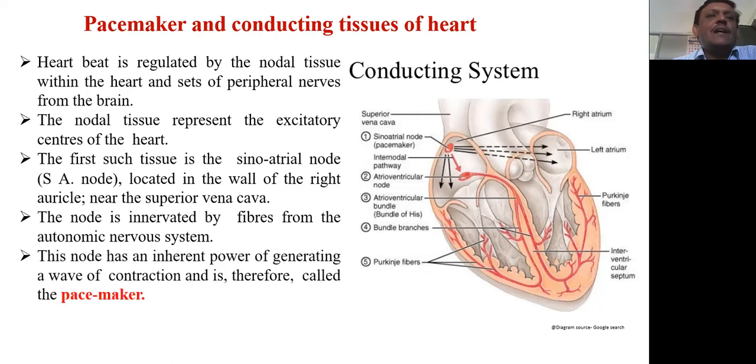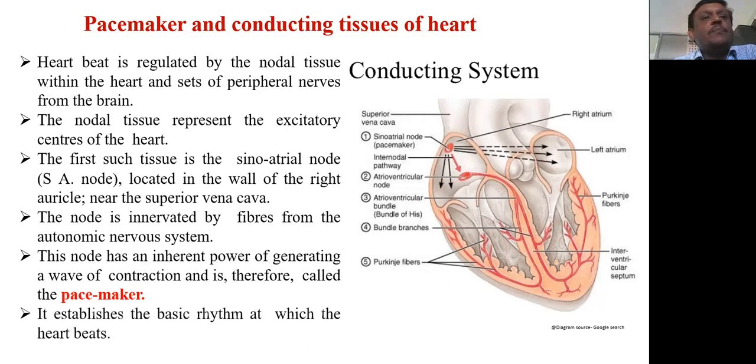This node has an inherent power of generating a wave of contraction, and therefore it is called as pacemaker. So why this node, SA node, is called as pacemaker? Because it has an inherent power, an internal power of generating a wave of contraction, and hence it is referred as pacemaker.